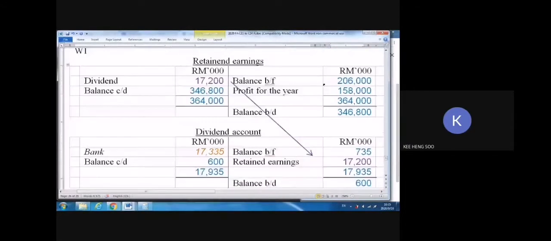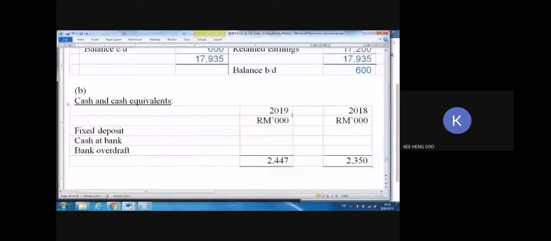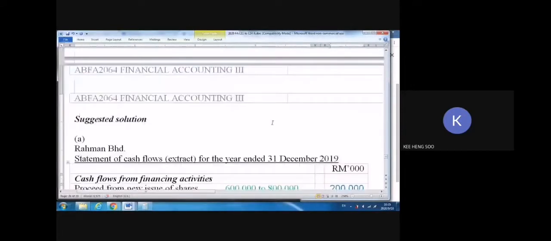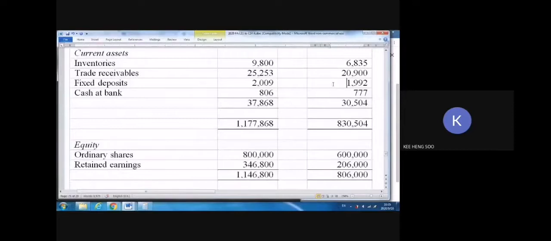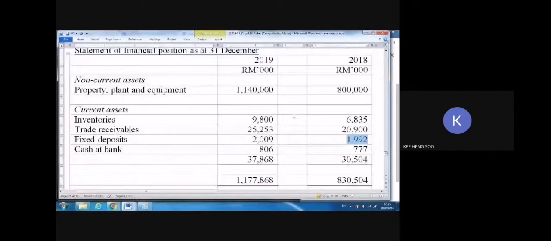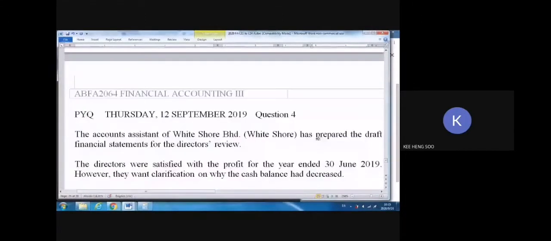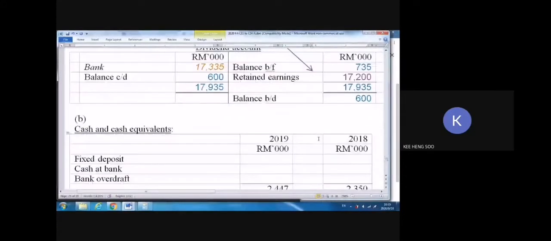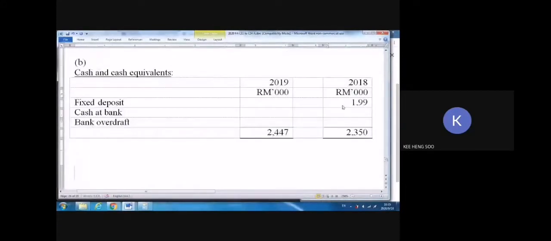Okay, cash and cash equivalent. How to get the cash and cash equivalent? Your cash is 1,992 and 2,009. I really copied the question wrong here, because I think your tutorial also has the same thing, 1,992 and 2,009.